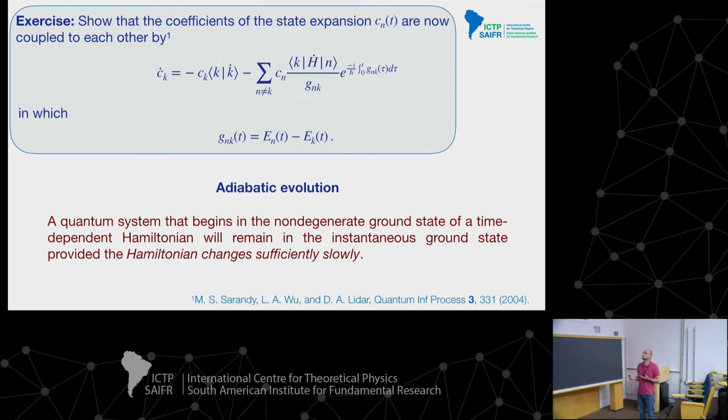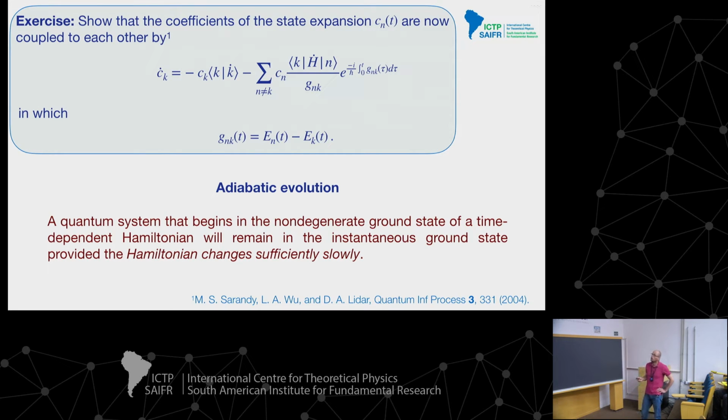And one of these strategies is when you consider an adiabatic evolution. Of course, there are some constraints, but it's a possible solution to this problem, right? We will see now what are these constraints. Okay, is this exercise clear? No problem?